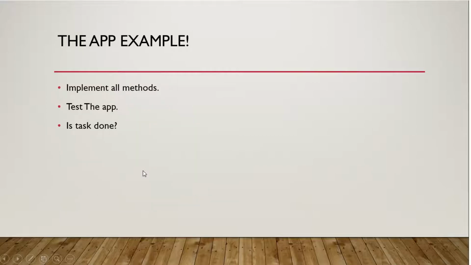So let's see. We will implement all these methods, and after implementing them we will test the app, and after testing we will check whether the task is done, meaning whether what we wanted to check in our application is done or not. So let's go to the programming.